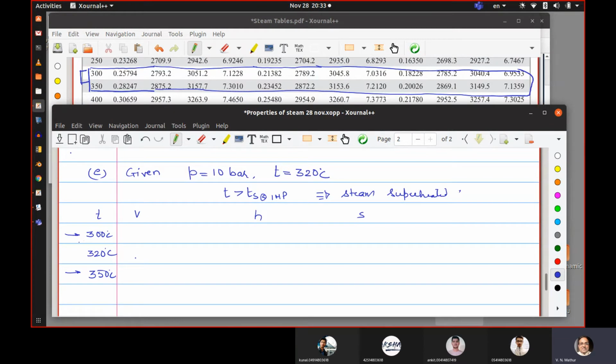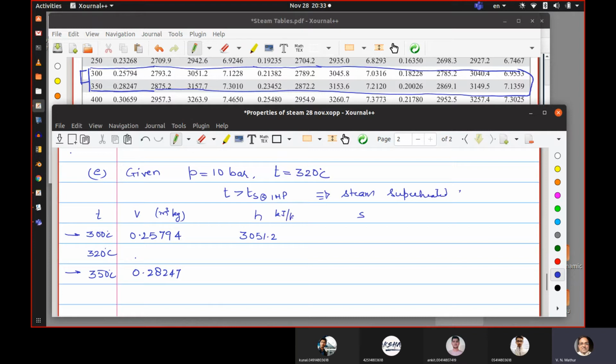So volume is 0.25794 meter cube per kg, and the volume corresponding to 350 degrees centigrade is 0.28247. Let us write the value of enthalpy also. It's 3051.2.